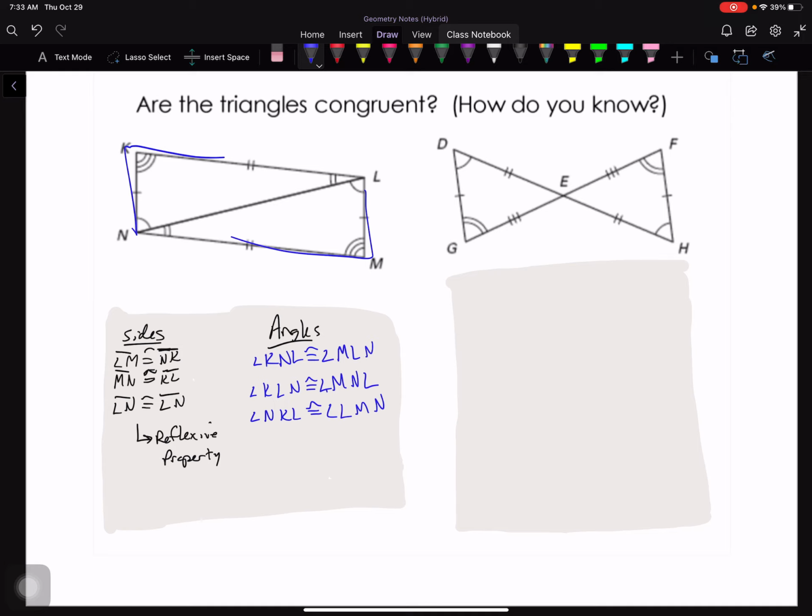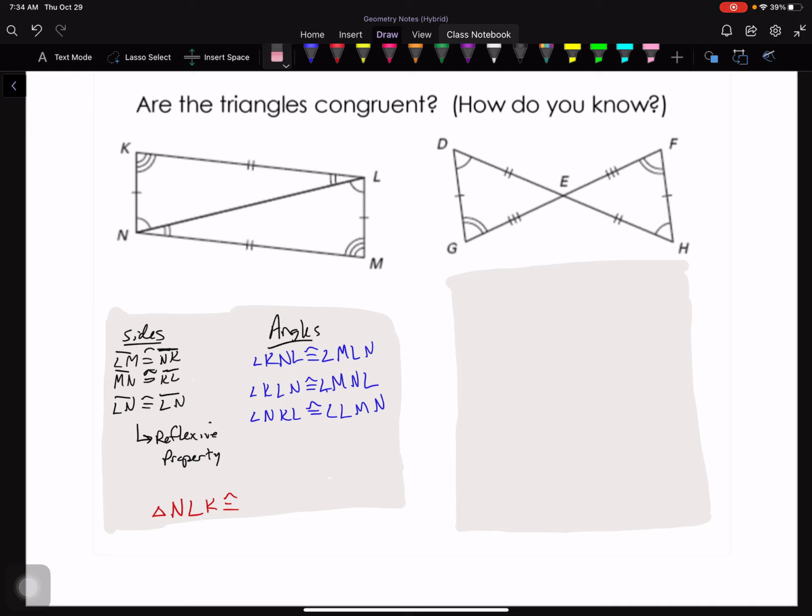So then we're going to write something called a congruence statement, which is just stating that triangle. Now, I'm going to start with N, L, K. I just looked at the angles. You can start with any letter you want, but you have to get them in the right order.